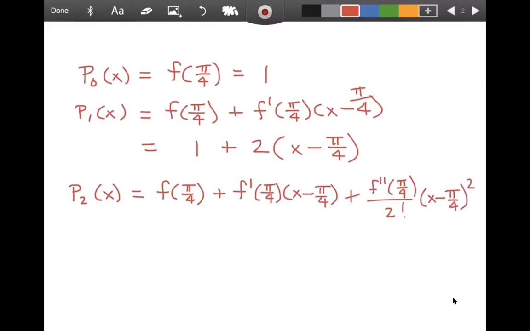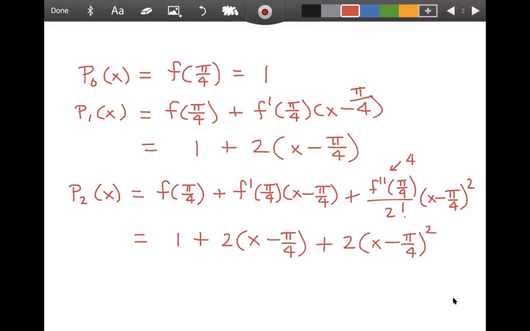All right, so we already have the first two terms. 1 plus 2 times x minus pi over 4. We know that f double prime at pi over 4 is 4. So let's just make a note there. That was 4. 4 divided by 2 factorial is 2. So this will be plus 2 times x minus pi over 4 squared.